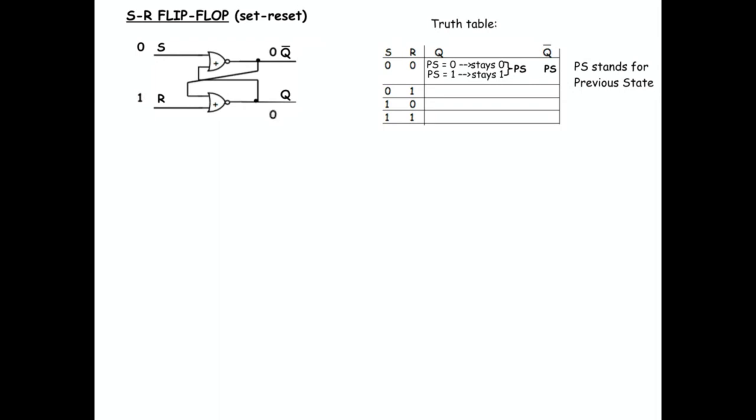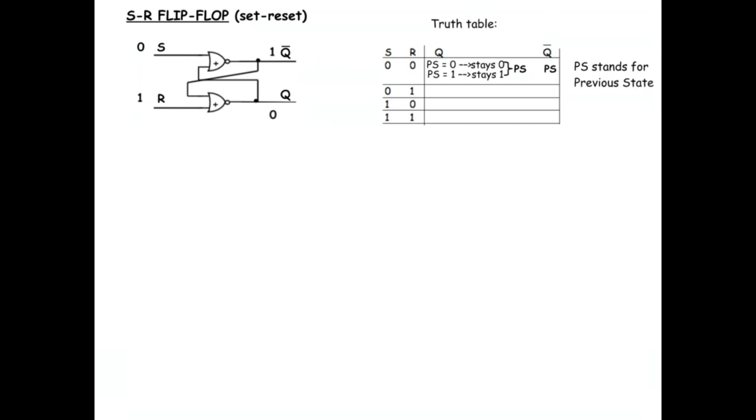Any questions about this? And we already see that by virtue of that, it's already storing the previous state. So unless we start sending one signals to either S or R, the state is not changing. So if that bit had stored 1 in it, it would just keep 1. If it had stored 0, it'll just keep 0. Again, any questions about it?